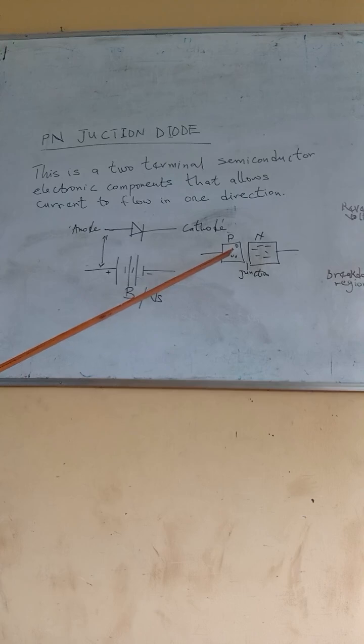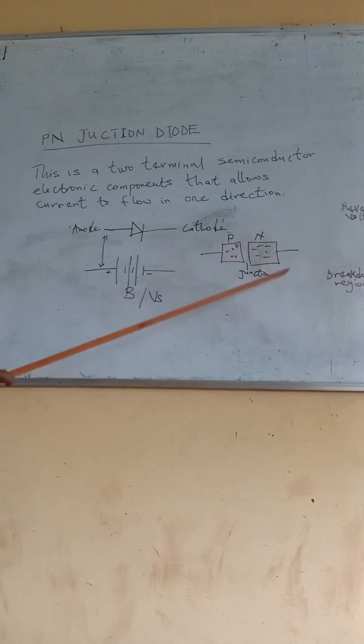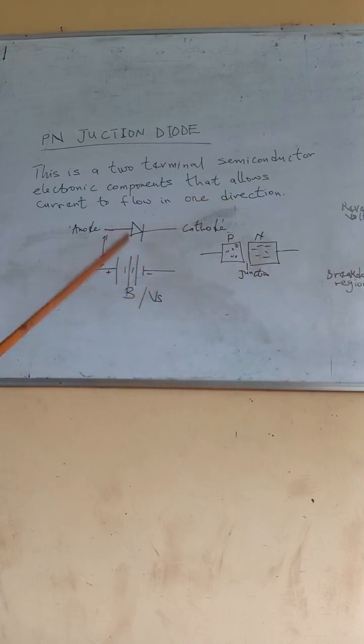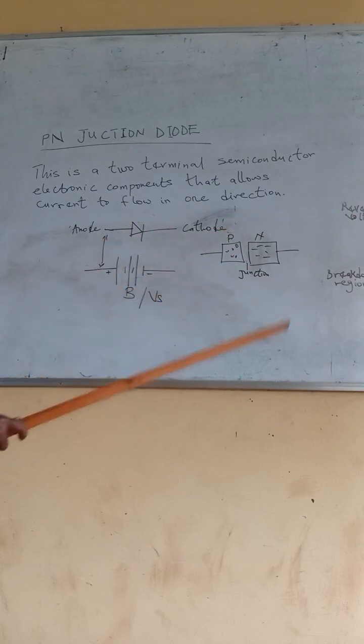In that case, the holes will move near the junction, and the electrons will move near the junction. Thereby, they will diffuse. Once electrons flow, there will be flow of current, because movement of electrons and holes is what gives us electric current. So when we forward bias a PN diode, current flows.